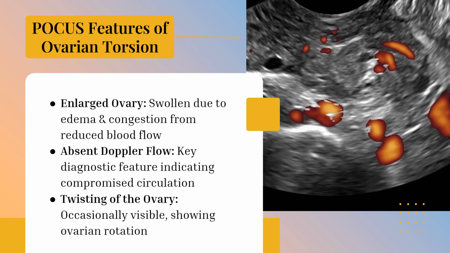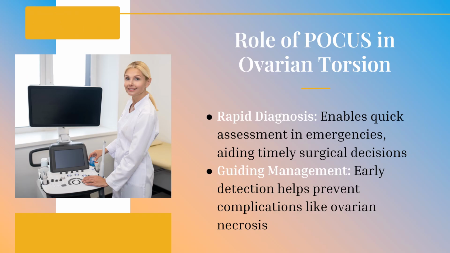So there are key features. You tend to see enlarged ovaries, swollen due to edema and congestion from that reduced blood flow. Absent blood flow is a key diagnosis because of that compromised circulation. You may or may not see the twisting of the ovary, and it just depends on which type of torsion is occurring. The key thing is you want rapid diagnosis, early detection.